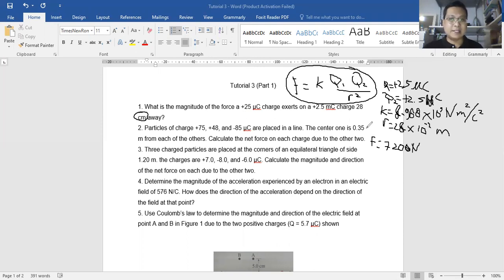Consider Q1 positive 75, Q2 positive 48, and Q3 negative 85, in combination.